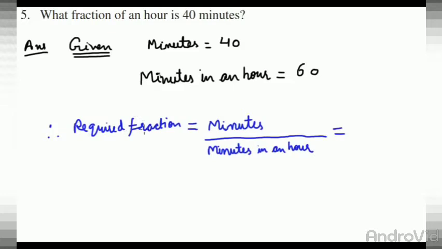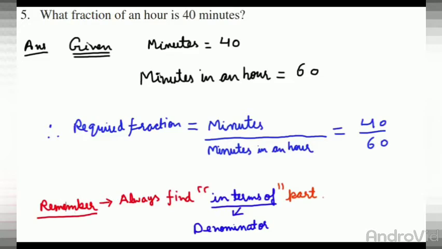Therefore, the required fraction would be minutes over minutes in an hour, which we have calculated as 60. Therefore, we write 40, the minutes we are given, over 60, the total number of minutes in an hour.